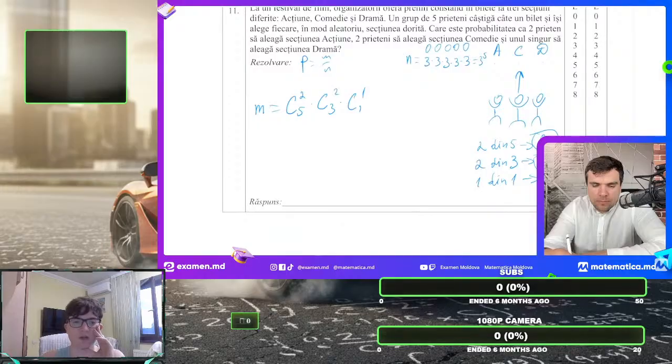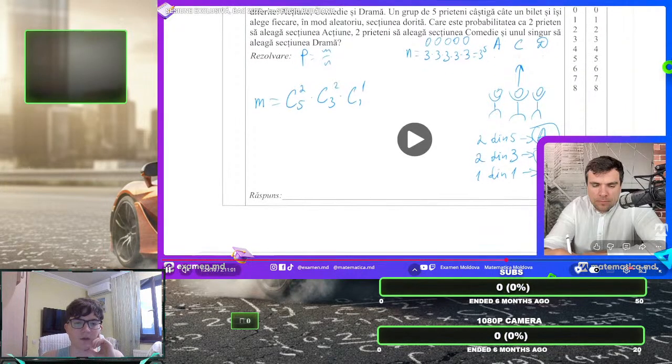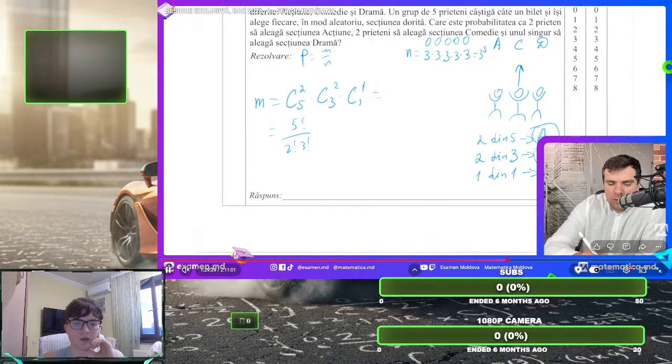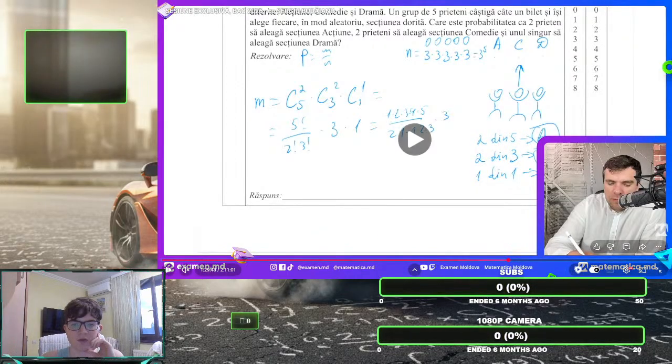That's correct. So C11, that's just 1. C52, I don't know how much is that. Perhaps it's 6, or C32 is 6, I don't know. C32 is 3, so right there we have this 1, 2, 3, 4, 5, and that. So times 3, 1, we just don't even write it down. So we simplify 3, 3. We simplify 2, 4. 2 right there.